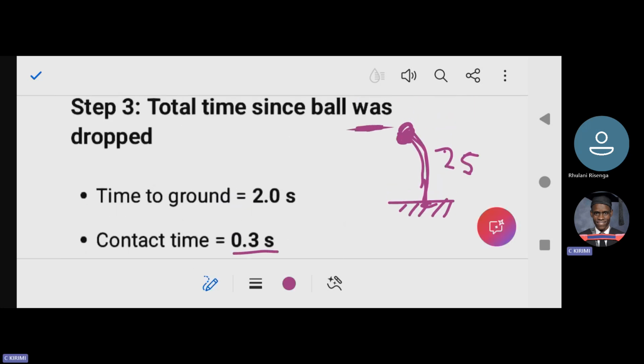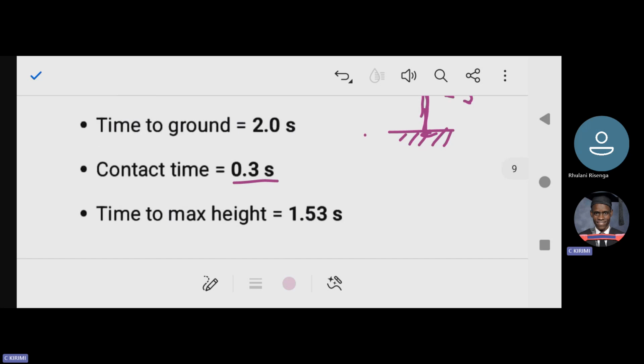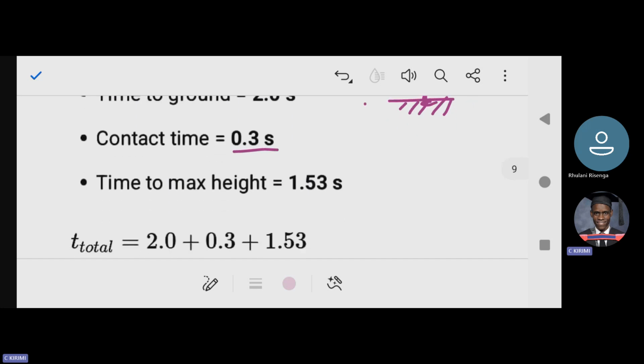Now the ball moves from the ground back to the maximum height. It took 1.53 seconds to reach the maximum height.